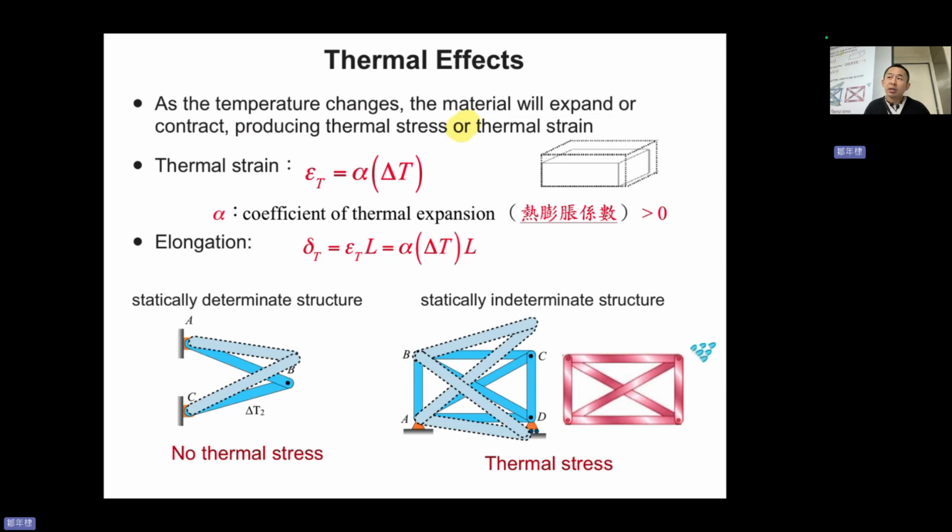You rarely hear of a material that increases in temperature and contracts. It's quite a bit weird. Then the elongation, of course, is delta L equals epsilon T times L. Okay, no problem, easy. So you can easily understand thermal strain.